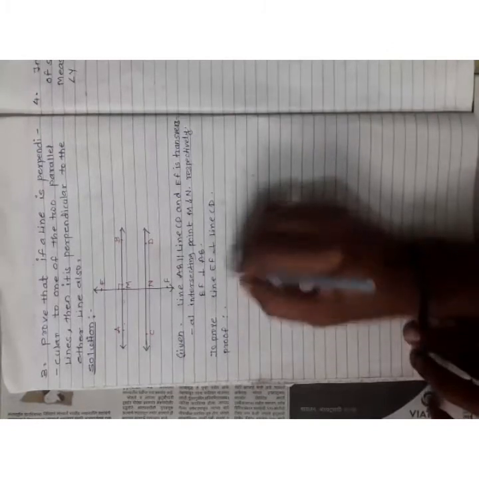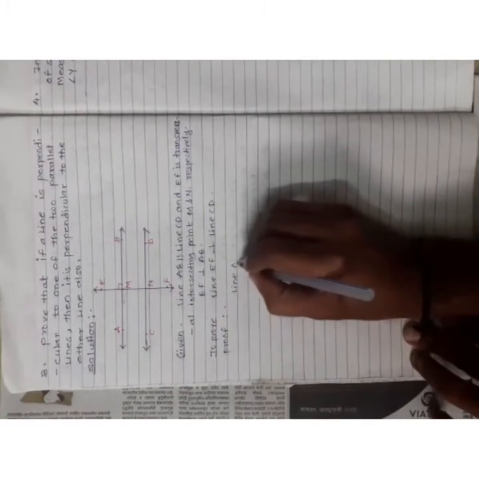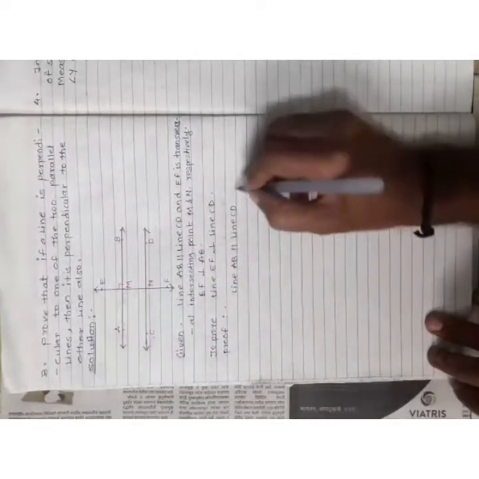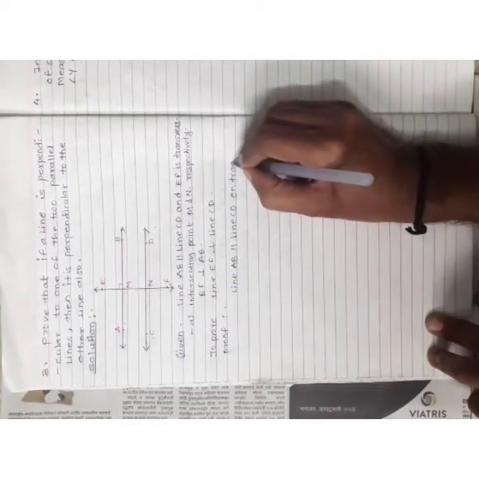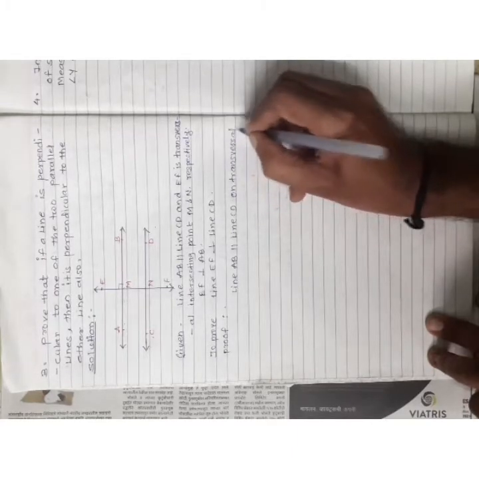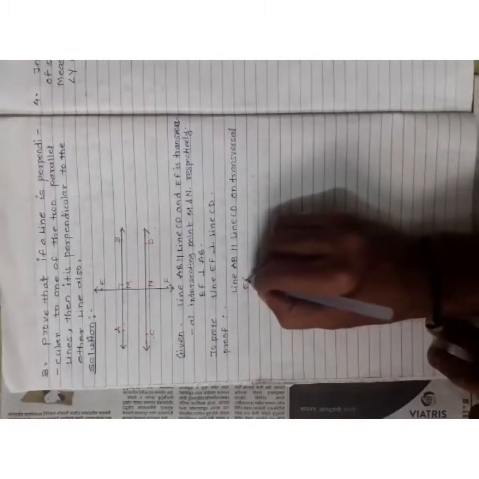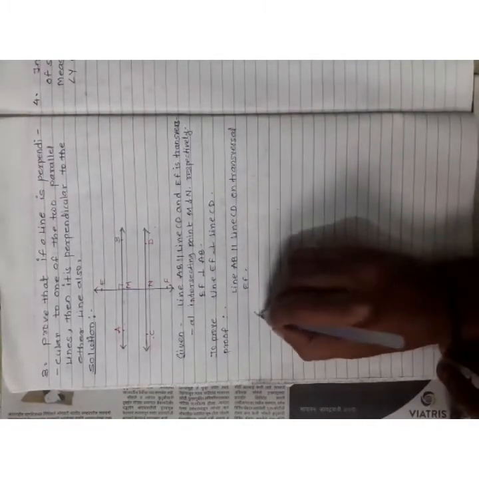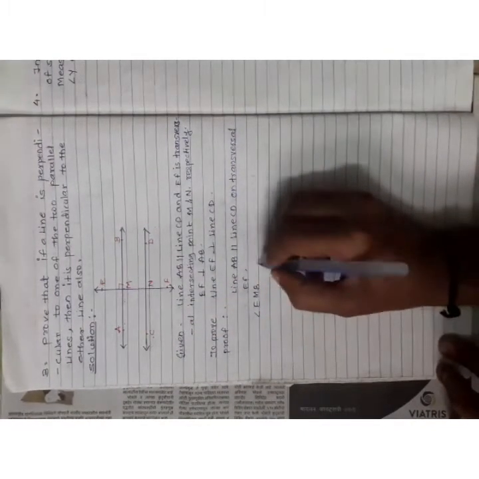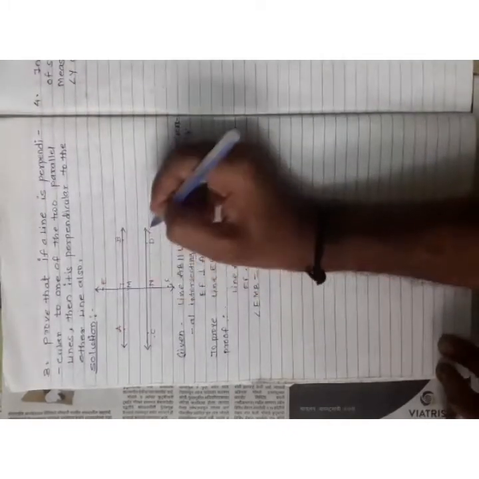Proof: line AB is parallel to line CD, with transversal EF. Angle EMB is equal to angle MND.